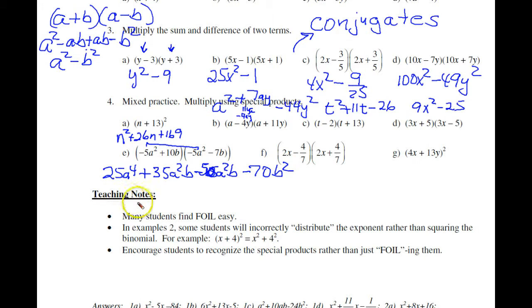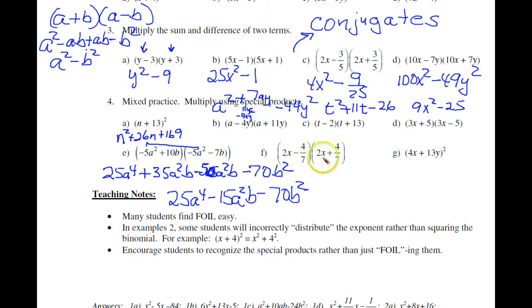Okay, that looks better now. So we got like terms here in the middle. So this is going to be 25 a to the fourth minus 15. I knew there was a 15 in there somewhere. There you go. And let's check this. Yes, that one looks good here.